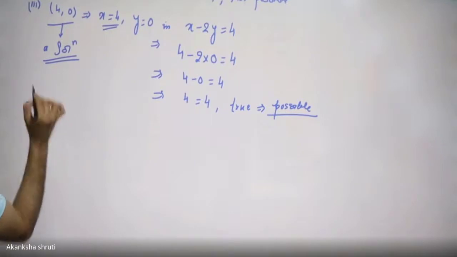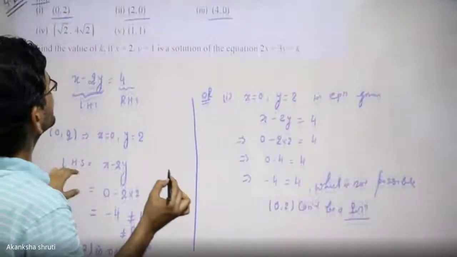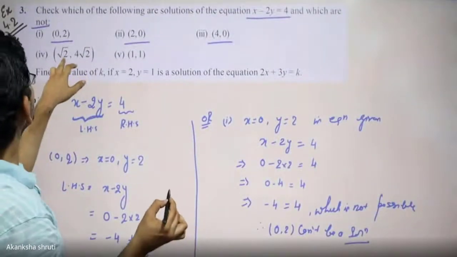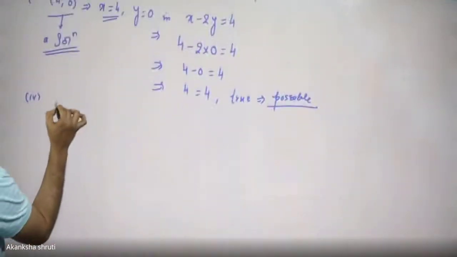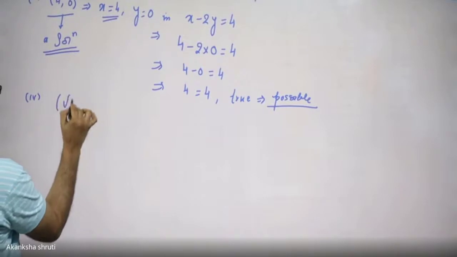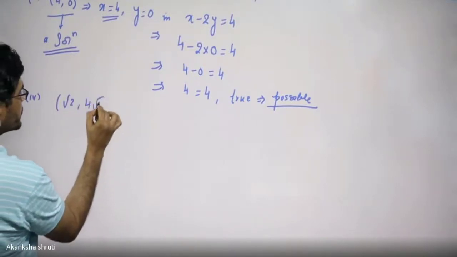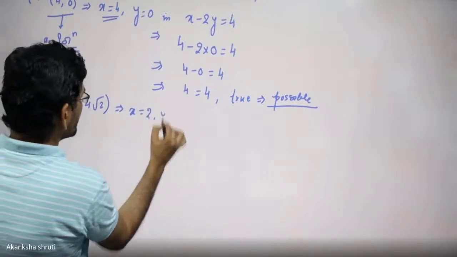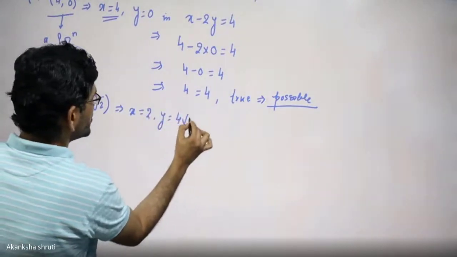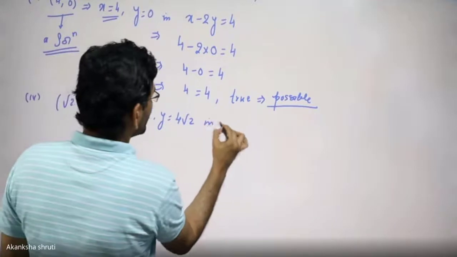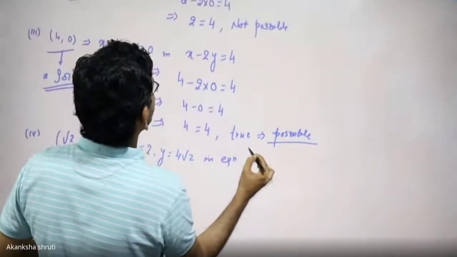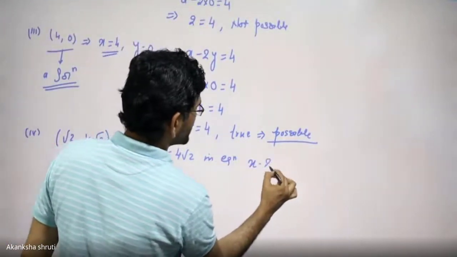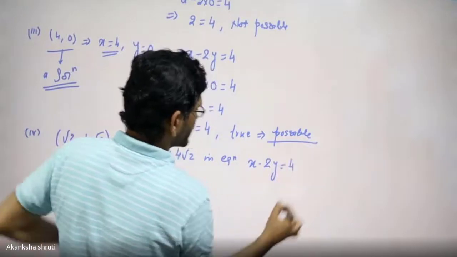Even we may consider the fourth one. Students, it is root 2 comma 4 root 2. This means we shall take x as root 2, y as 4 root 2 in the equation x minus 2y equals 4.